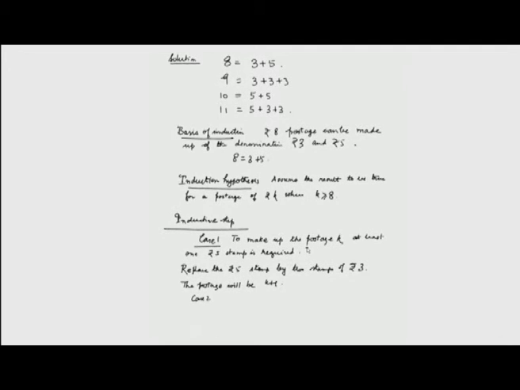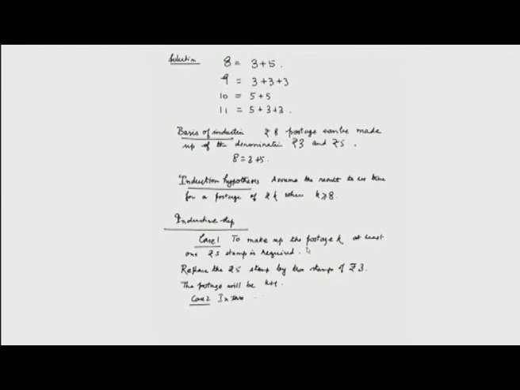Now, we come to case 2. In case 2, all the stamps required to make up the postage of k are of denomination 3. So, there is no denomination 5 stamp. So, in this case, all the stamps are of denomination rupees 3.